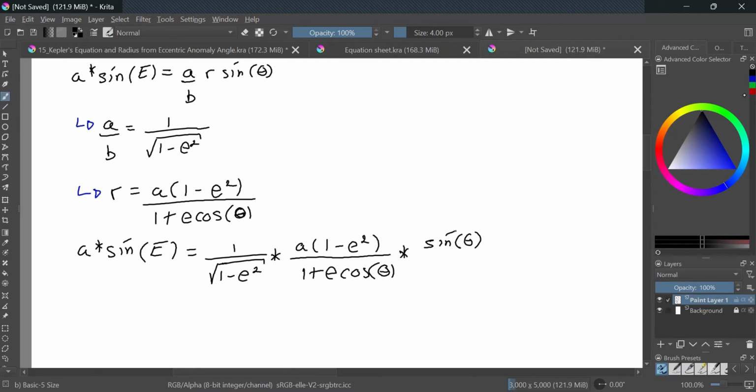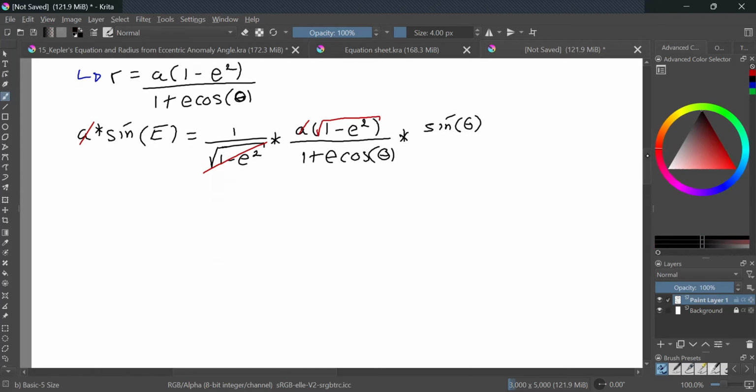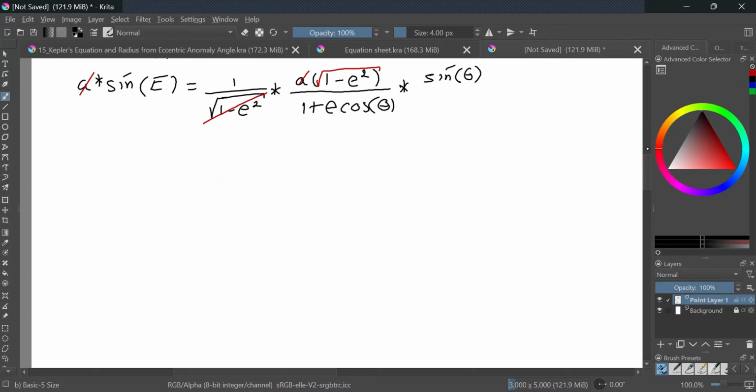All right. So our a's will cancel out. And then because of the way that exponents work, our 1 minus e squared in the numerator goes from a power of 1 to a power of 1/2. So we'll square root it. And I will scoot down here to give me some more space.